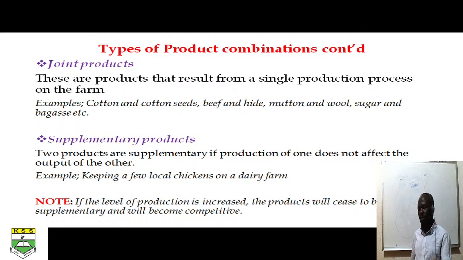So supplementary products are not supplementary forever. If you increase the scale of production, they become competitive. We need to always remember that.